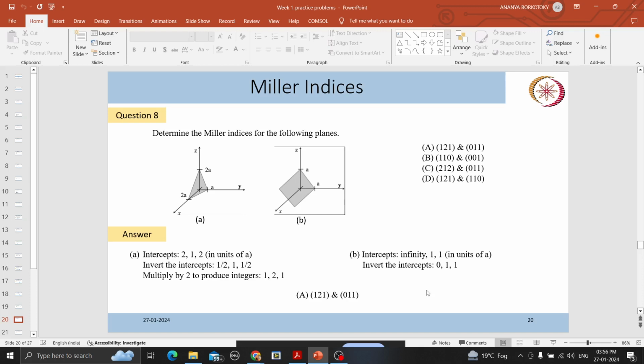In one of the lectures, it was covered why Miller indices are actually important, why we name these planes, and why we consider directions. So can someone tell me what was explained in that video, like why we care about these Miller indices and directions in crystal systems?